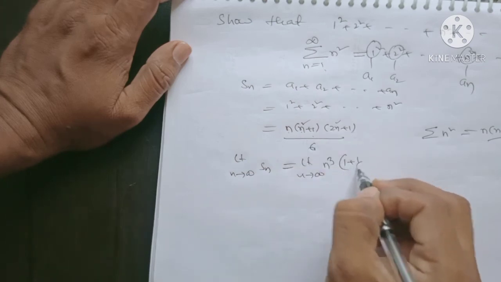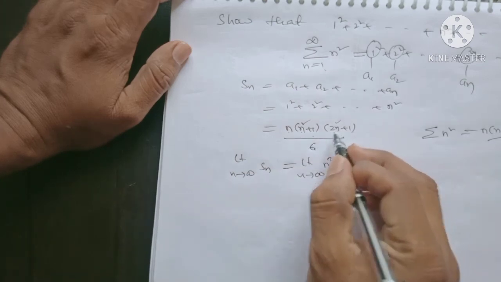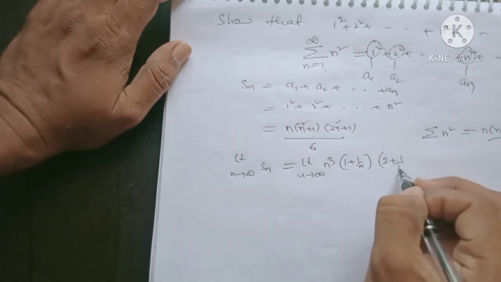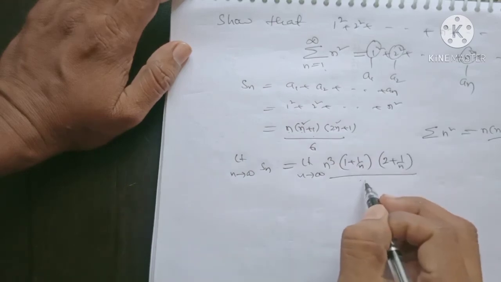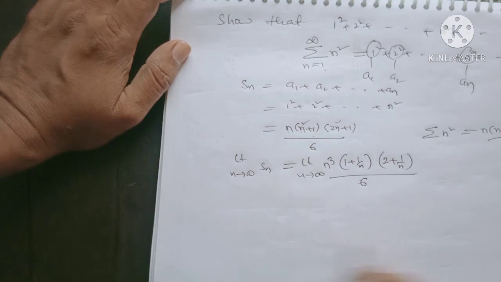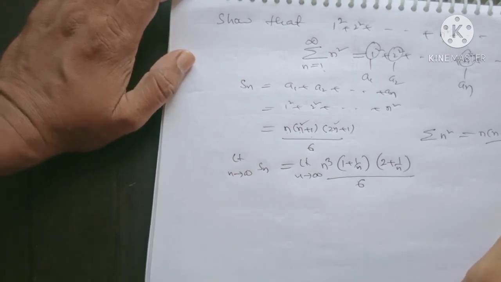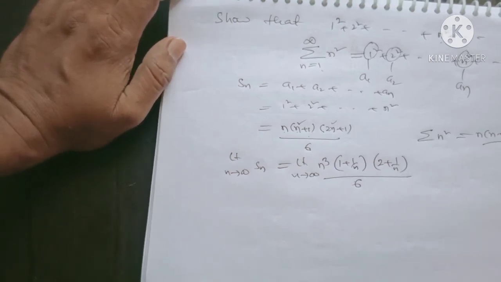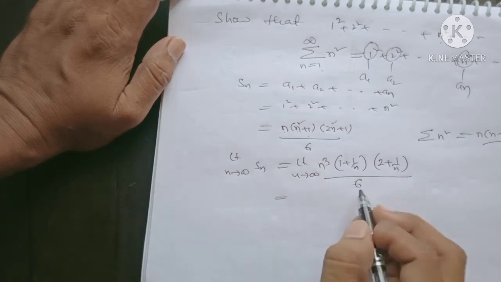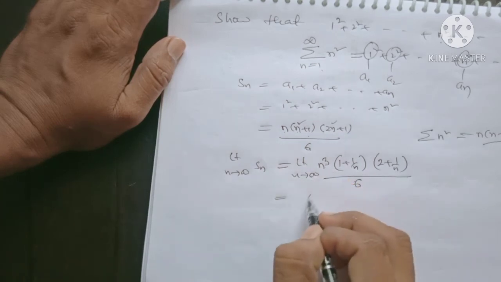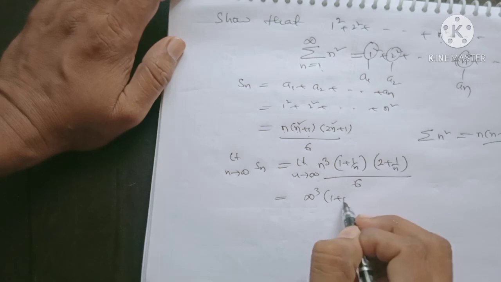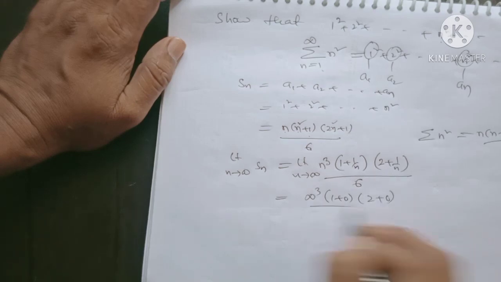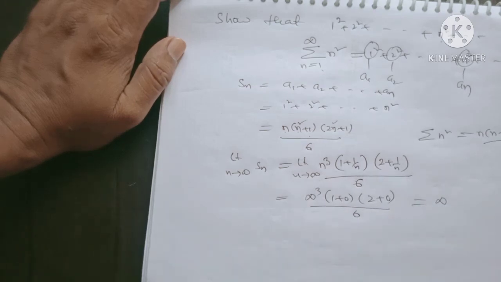Then we get 1 plus 1 by n, and 2 plus 1 by n by 6. Then what is the limit value? As n tends to infinity, n cube times 1 plus 0, 2 plus 0 by 6, this becomes infinity.